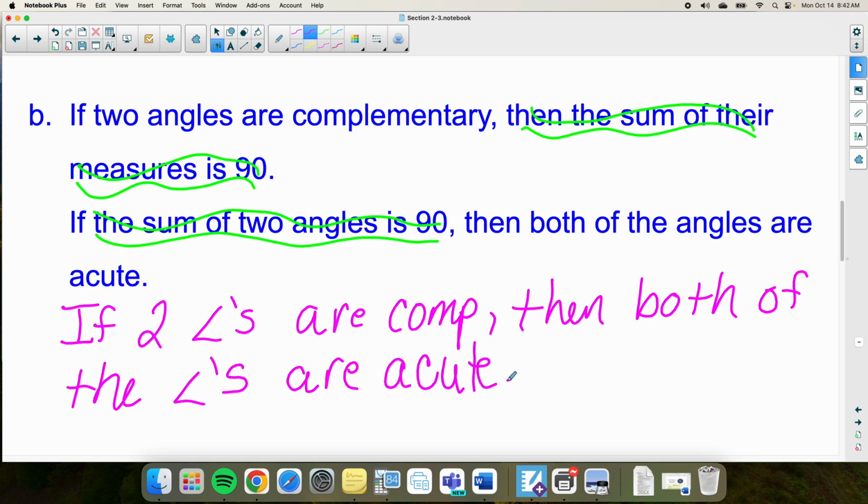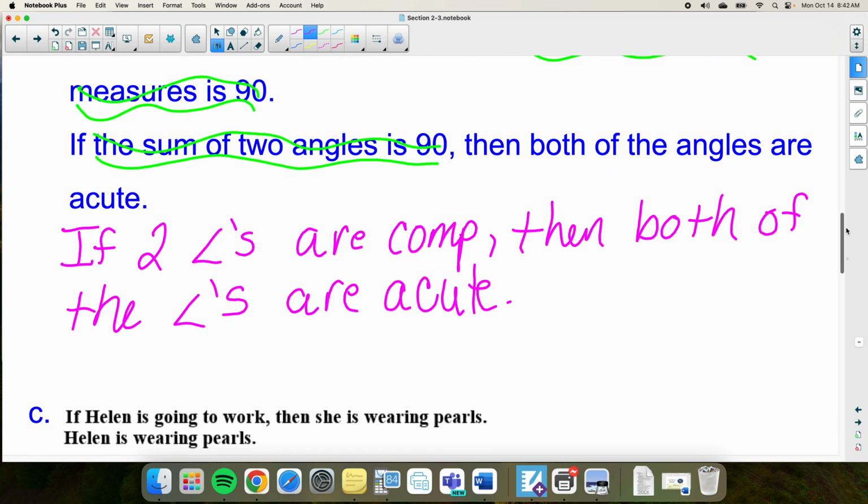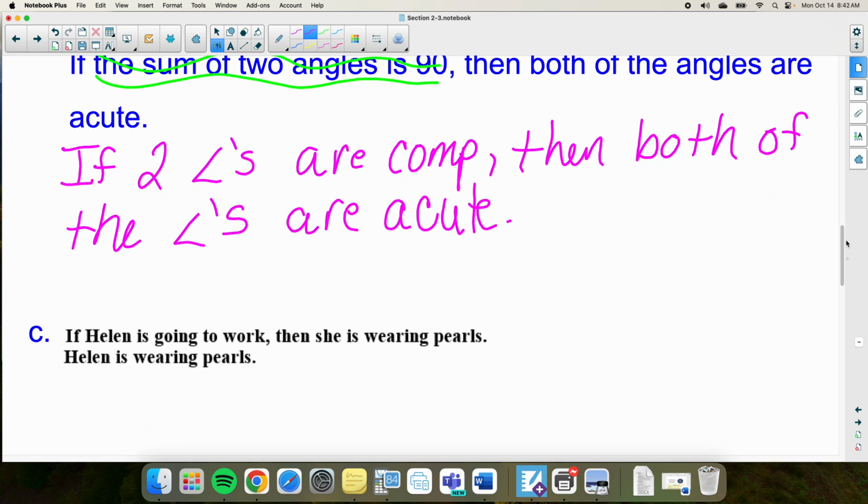And that was law of syllogism, and you do have to say what law you used. So if you wanna abbreviate syllogism, you can just go SYLL.